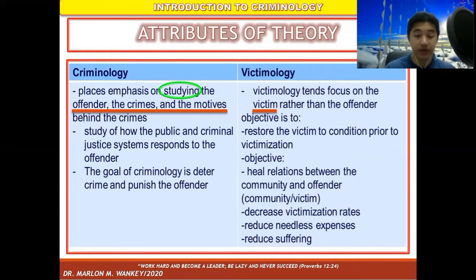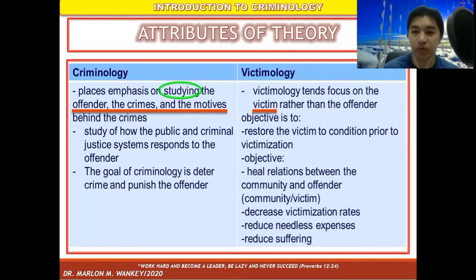So criminology also is the study of how the public and the criminal justice system respond to the offender, and the goal of criminology is to deter crime and to give punishment to the offender.